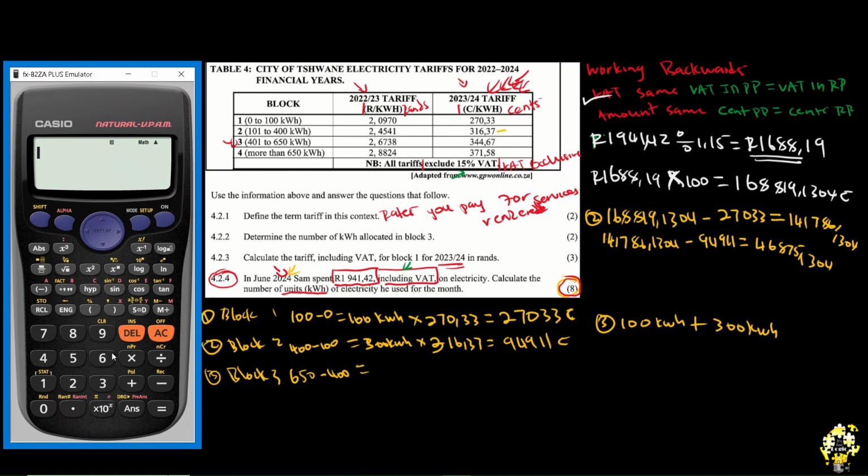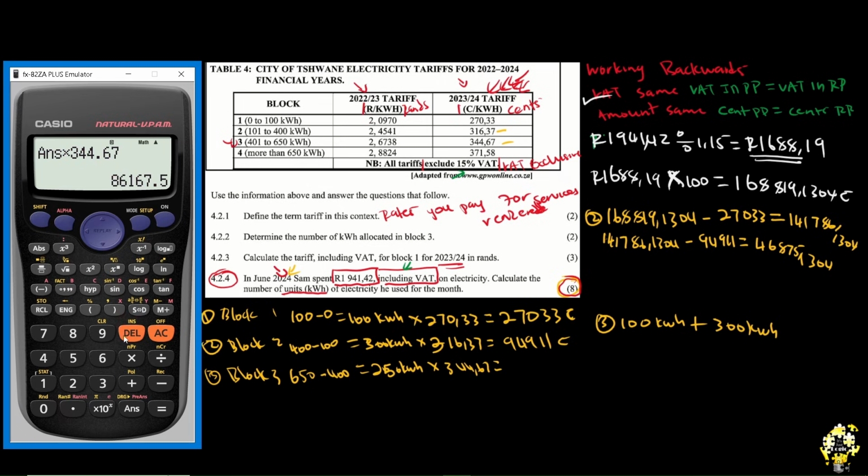What do we get when we say 650 minus 400? We actually get 250 kilowatts. We have to multiply that by the rate. The rate is 344.67.